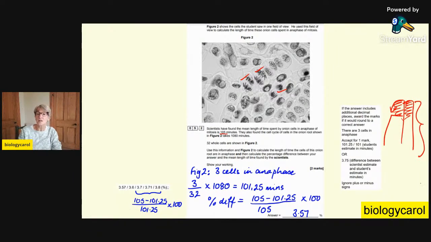And that, of course, would be going from a smaller number up to a larger number, working out the difference, but then working it out as a fraction of the smaller number. So therefore, it's 105 minus 101.25 divided by that smaller, original number, times by 100, which gives you a different figure. There we go. I got both of the marks.